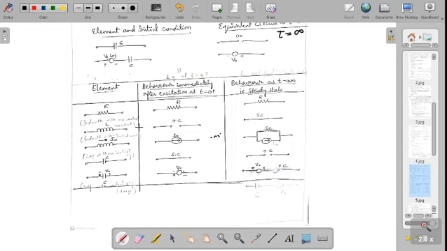So R behaves the same at t is equal to 0 plus and at t is equal to infinity, and the inductance behaves as an open circuit at t is equal to 0 and a short circuit at t is equal to infinity. If it carries current, it behaves as a current source, and at infinity as a current source with short circuit.